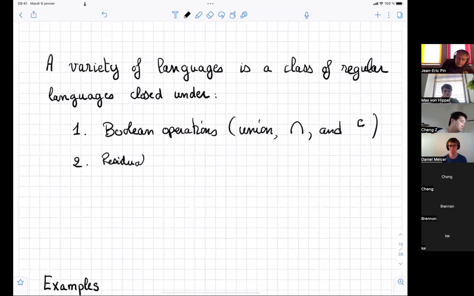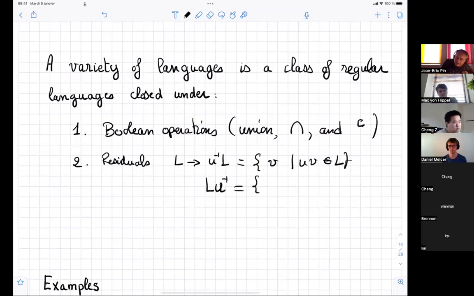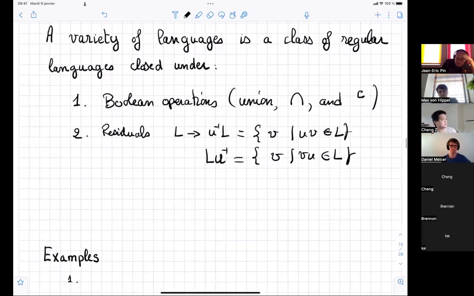Well, this is this operation. If you know about automata, that's exactly what it is. You probably know that if the language is regular, its residual is also regular.